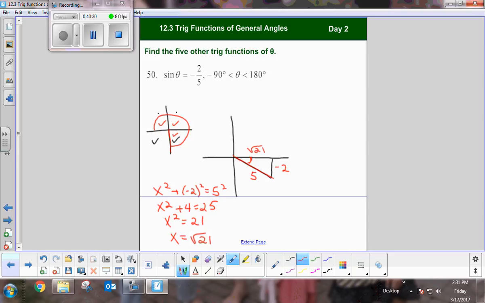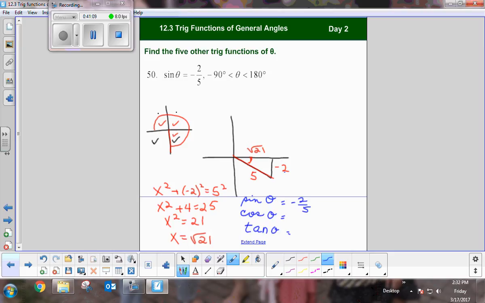So now, easy peasy, right? Can't I find all my trig functions using SOHCAHTOA? Square root of 21 is positive because I'm going in the positive direction. So let's just list them: sine of theta, cosine of theta, tangent of theta. Sine is opposite over hypotenuse.